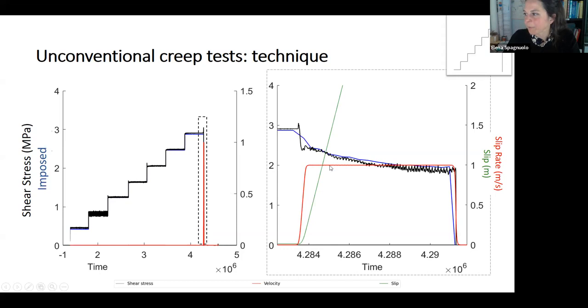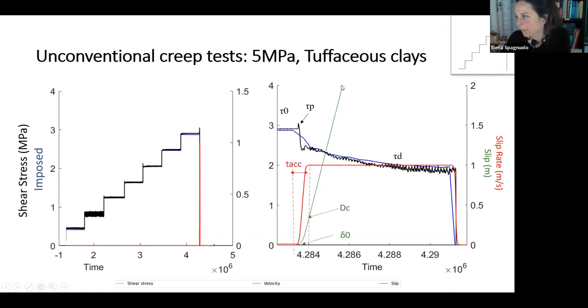It's dropping because the engine tries to follow and to increase the torque, trying to restore the shear stress that it wants to apply, but it can't because the frictional strength is reducing. So that's why we have the acceleration. This is the acceleration in red, and this is the slip accumulated meanwhile.